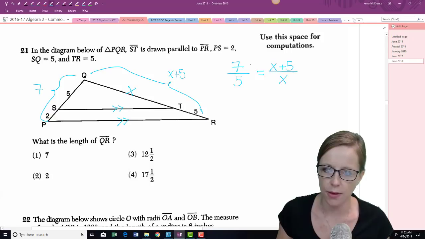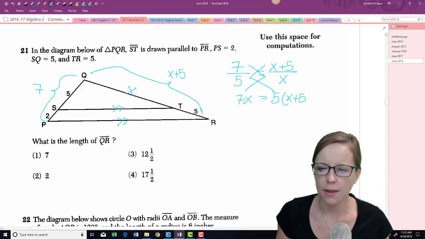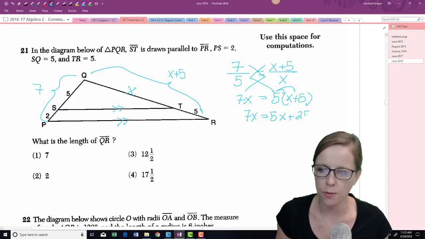Cross multiply, that should be your favorite thing to do in math ever. So 5 times x plus 5. Please write that. I know it seems silly, but sometimes you do the silliest things, and it's so frustrating. So 5x plus 25 if we distribute. Subtract the 5x over. So x is equal to 25 over 2, which is 12.5.